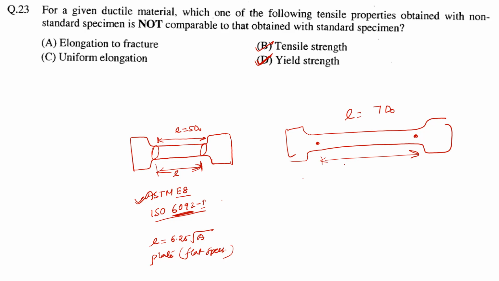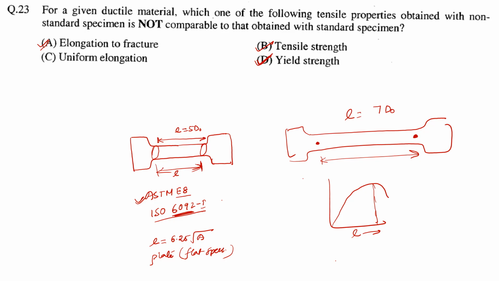The elongation to fracture will be different in both because the initial length taken is different. If you see this graph, this elongation may be 5 mm but here it may be 8 mm. It will be different. So elongation to fracture can be the answer.